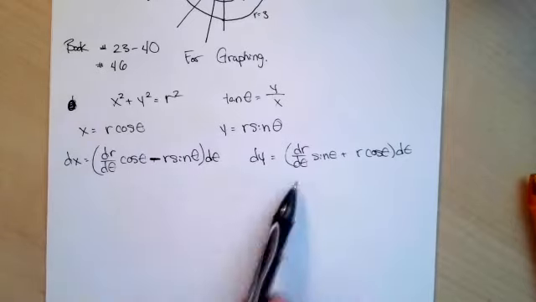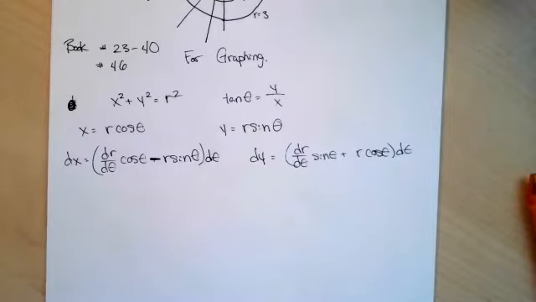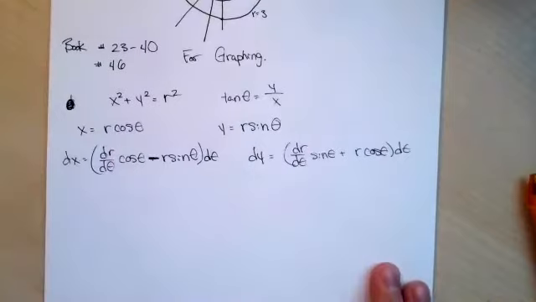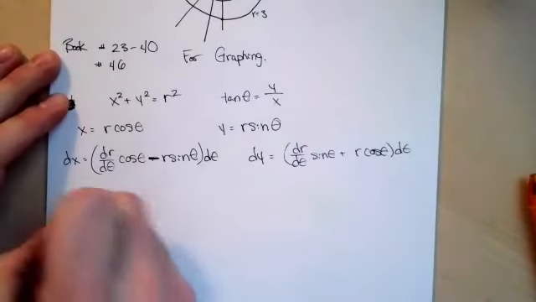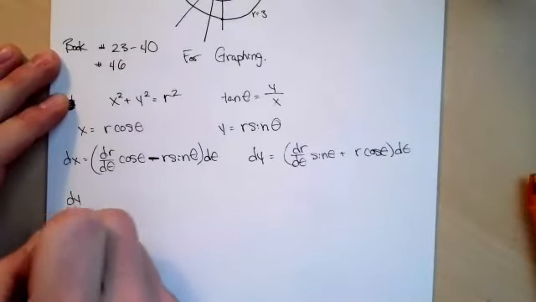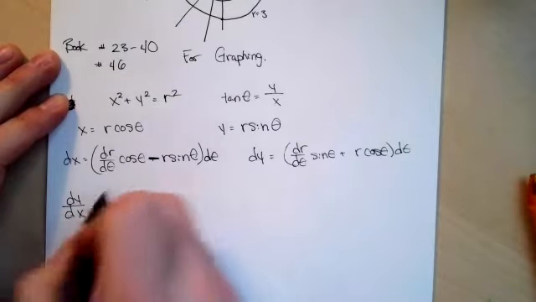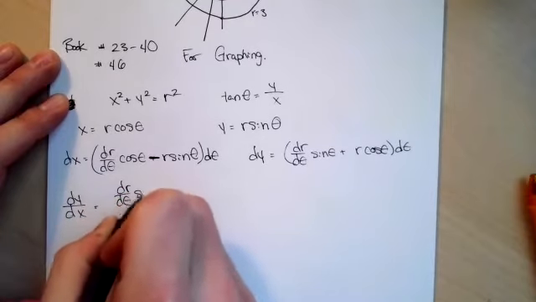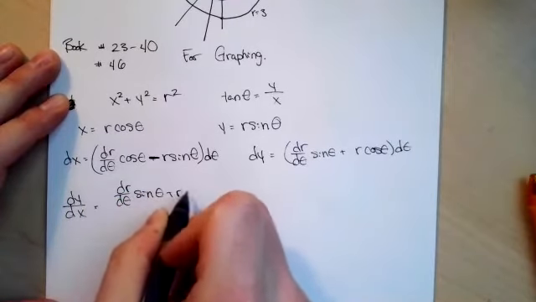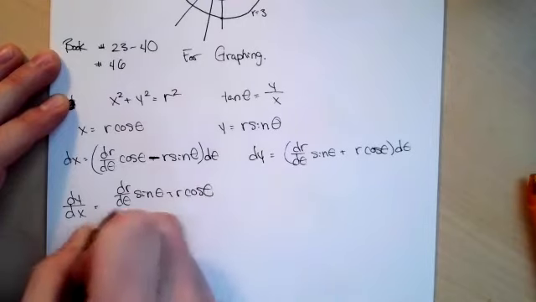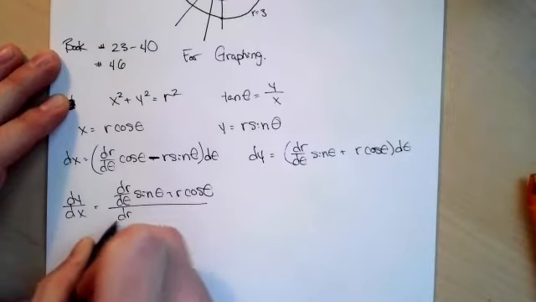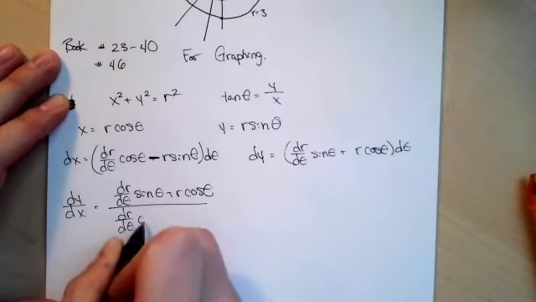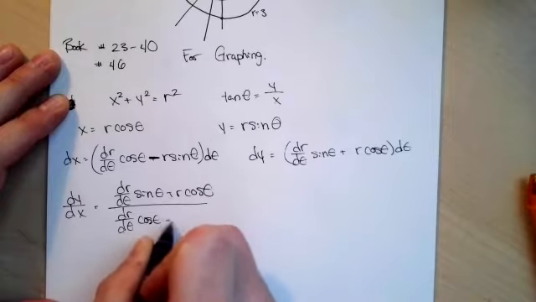And now we're going to use this in pretty much everything: area, arc length, and tangent lines. So what is our dy dx? If we want to find our slope, we just take a quotient of those two. So we've got dr d theta sine theta plus r cosine theta over dr d theta cosine theta minus r sine theta.